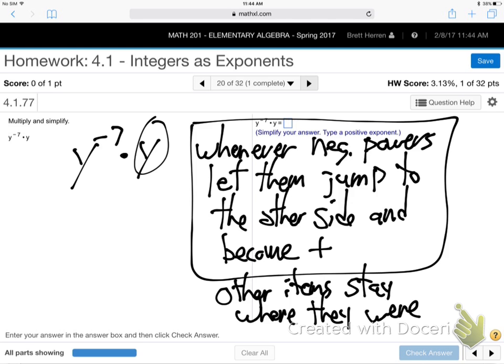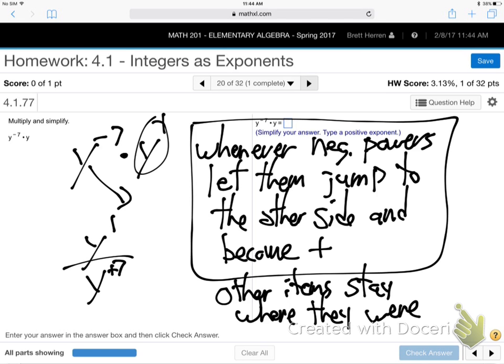In fact, what power does he have on him? Yeah, just a 1, right? Like always, it's an invisible, positive, regular 1. So he doesn't have a negative power. He's not going to jump, but the y to the -7, that one's going to jump. So that one will jump to the bottom, and so we'll have y to the 1 over y to the regular positive 7. So far, so good?